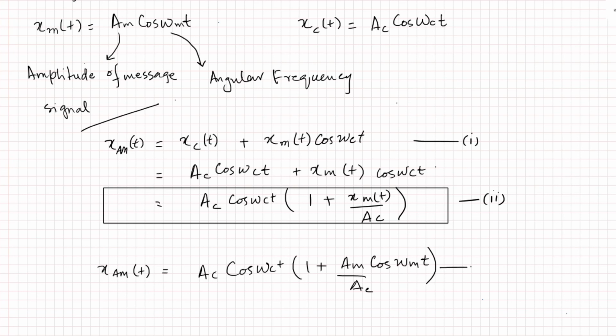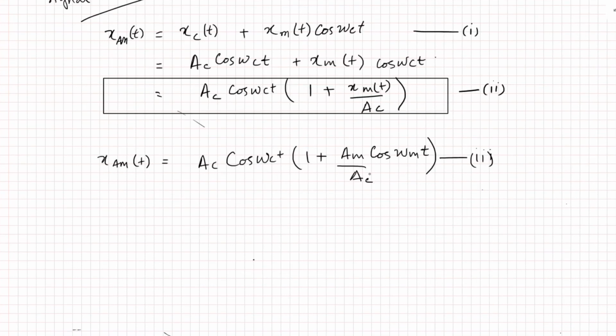And we call this equation number 3. The term A_m by A_c is known as modulation index and is represented by m.